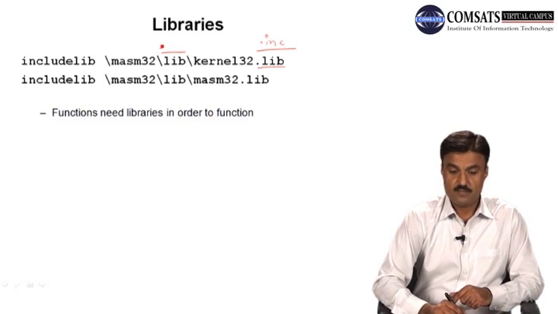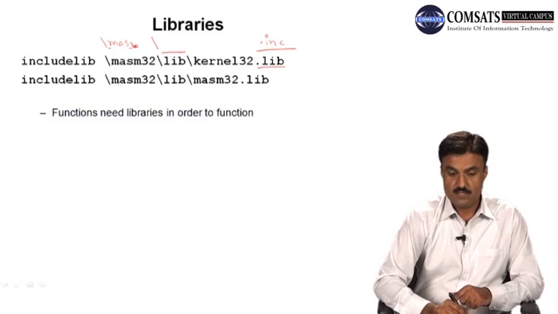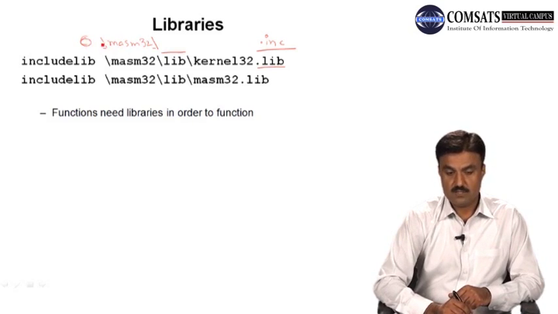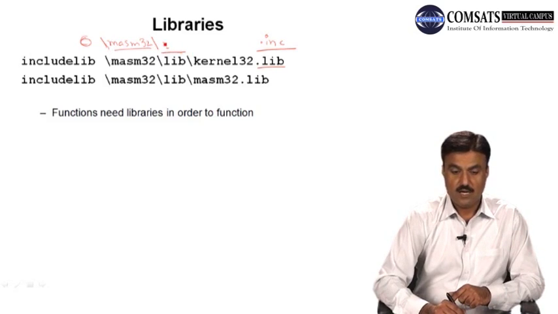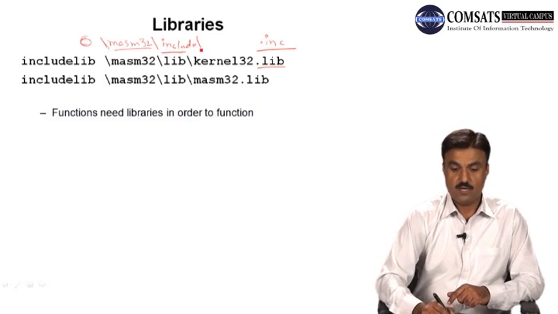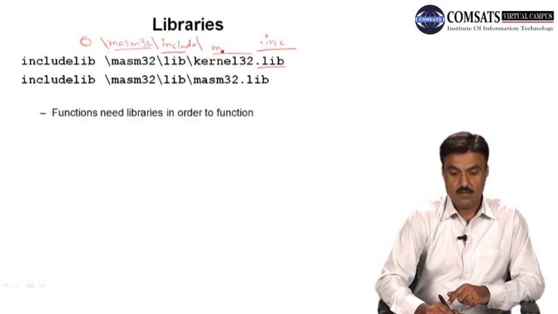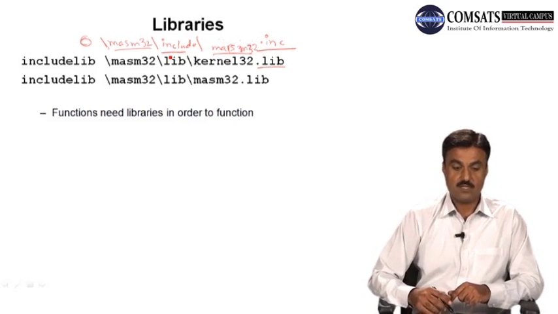As you saw in the previous example, our Microsoft assembler is installed at C, so this is the main directory, then masm32 is a subdirectory, and the other directory where include files are is the include directory.